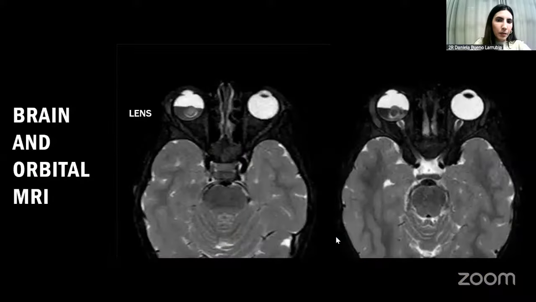A brain and orbital MRI was performed, and in this axial scan, it's possible to observe the lens in the first image and the fluid level that's also visible in both images, corresponding to the presence of blood within the vitreous cavity. In the second image, there is a lesion with hyposignal in T2.